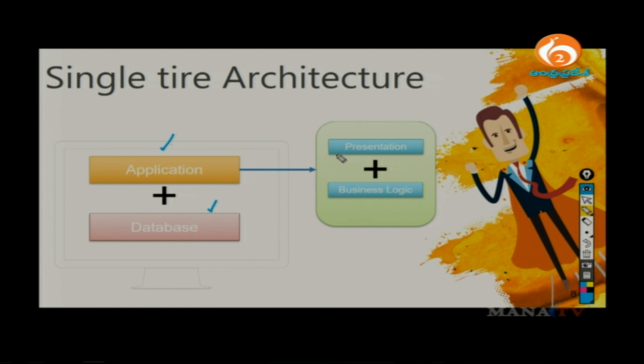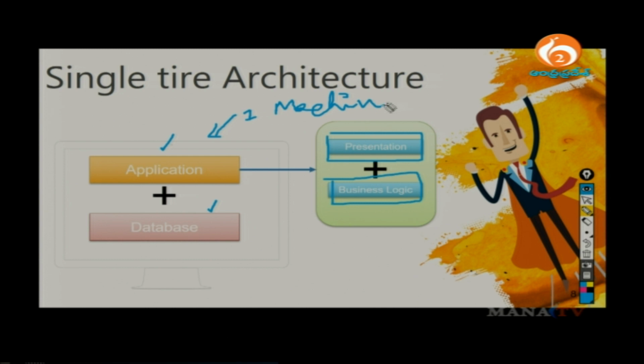This application layer again consists of two more parts here, presentation layer and business layer. All these will be installed only on a single machine, so this kind of application is called a single-tier application. Am I very clear? Nothing but a single-tier application.